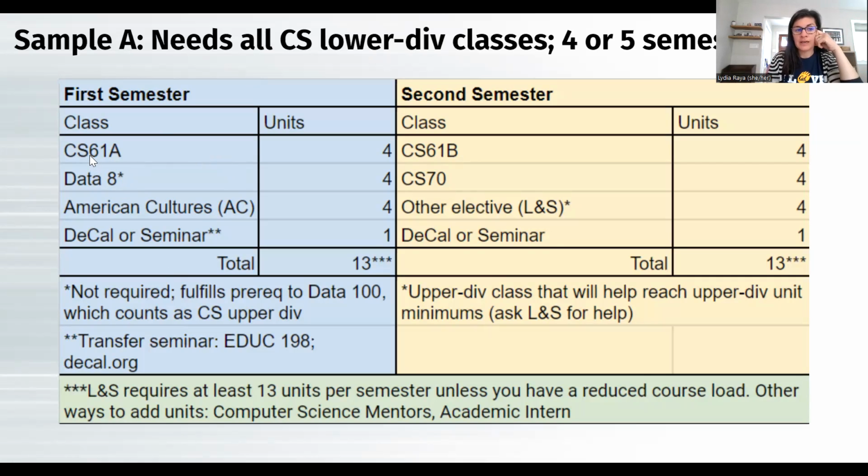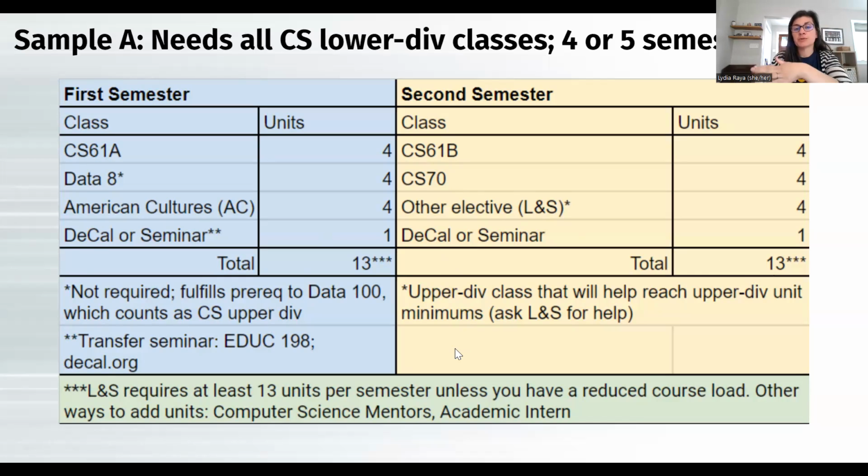So in the fall, again, you could take 61A and Data 8 together, maybe your American Cultures, and then a decal or seminar. And there are some notes there that I just went over. And then in the second semester, you would be looking at 61B and 70, something else outside of CS. And then again, a decal or seminar to get to 13.